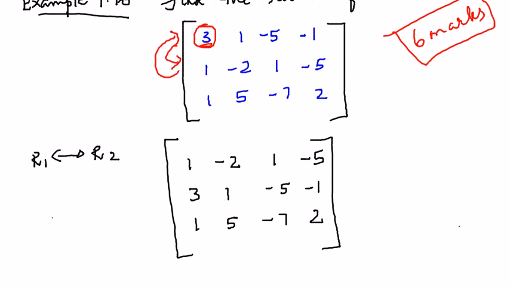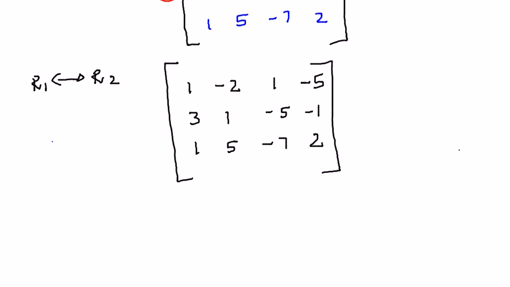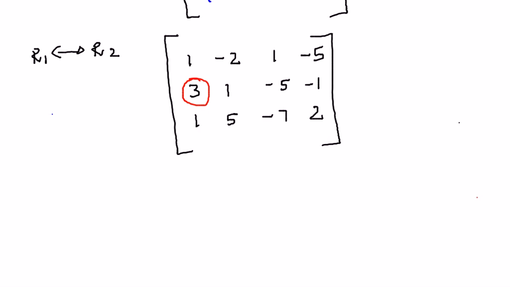The next step is to make this element 0. This is what we do for echelon form. To make this element 0, we should multiply the first row by 3 and subtract these two rows.